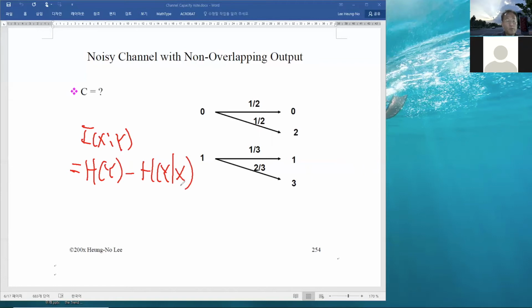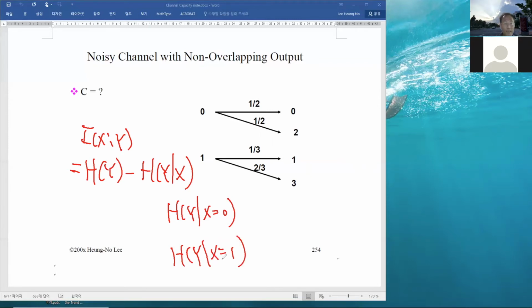When you choose x equal to 0, the entropy of Y, you can talk about, and the entropy of Y given X equal to 1.